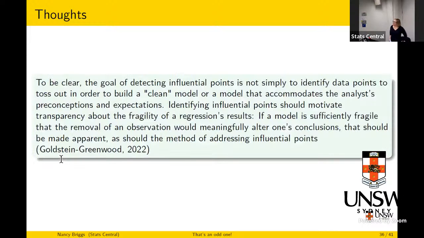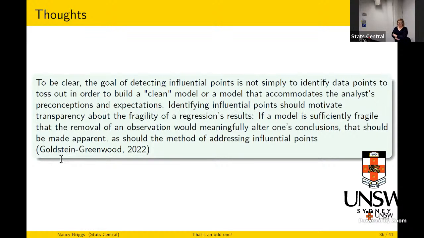And as I was getting some material together, I found this quote, which I think is a really nice encapsulation of that. "To be clear, the goal of detecting influential data points is not simply to identify data points to toss them out in order to build a clean model or a model that accommodates the analyst's preconceptions and expectations. Identifying influential points should motivate transparency about the fragility of regression's results.